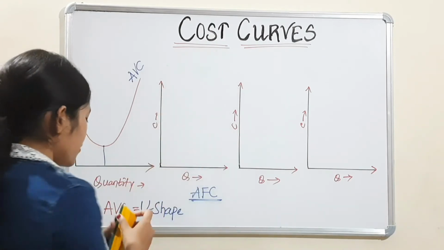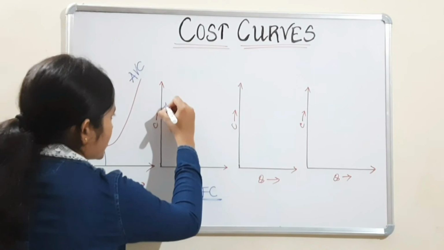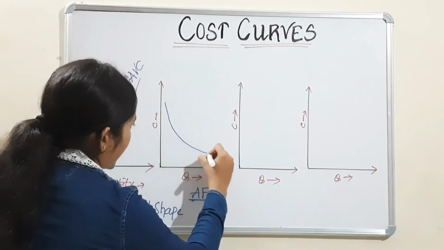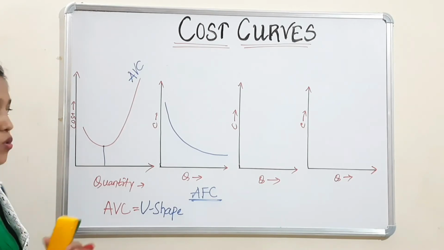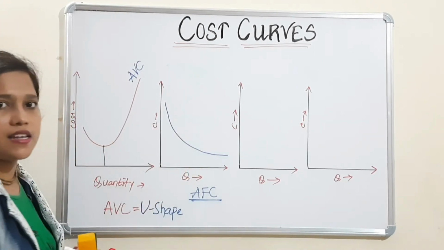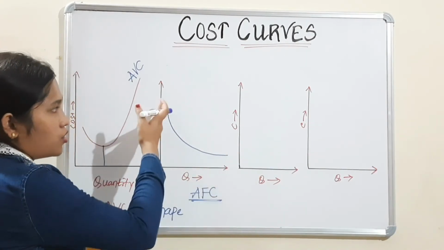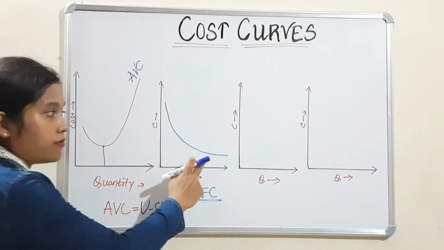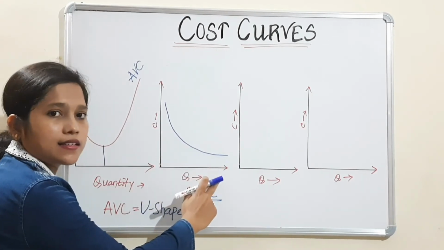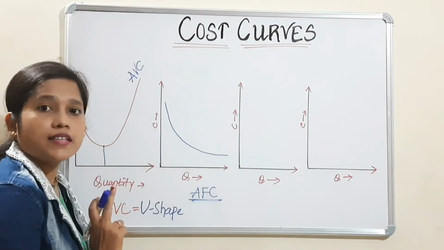Average fixed cost is constantly declining. Why? Because total fixed cost is a horizontal line. When we add more and more production, the cost will decline continuously, but it will never touch the x-axis. Remember, it will continuously decline but never touch the x-axis.